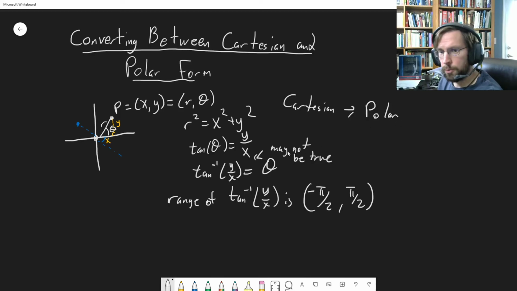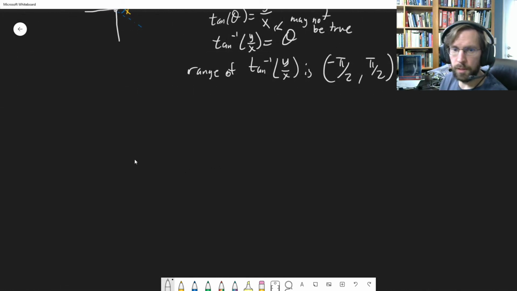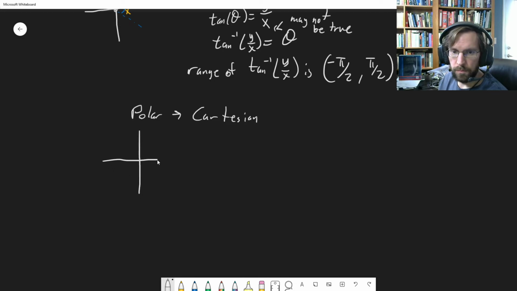What about going the other direction? What if we want to go from polar to Cartesian? Okay, so here's our point P. Our point P we can write as r, theta.